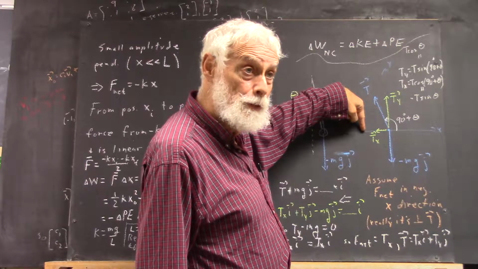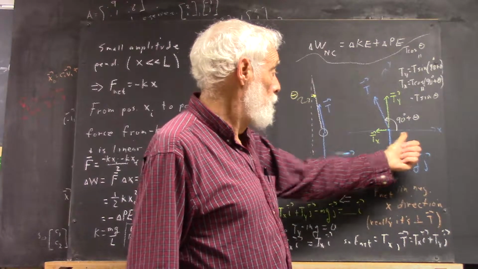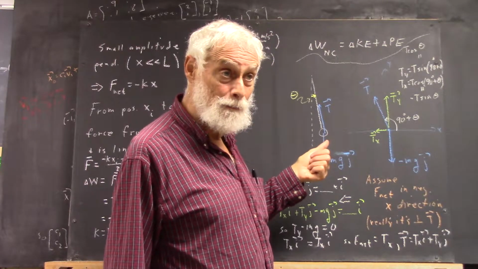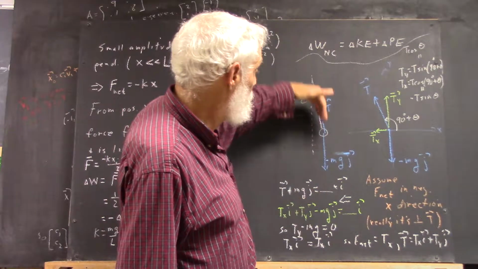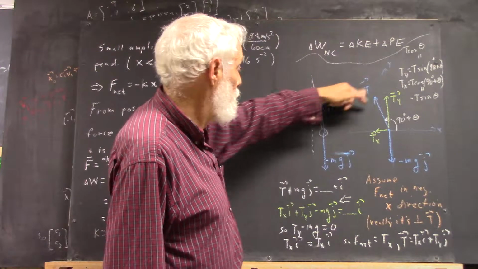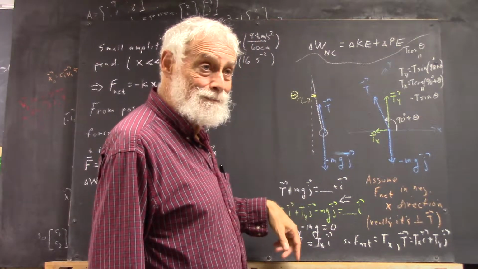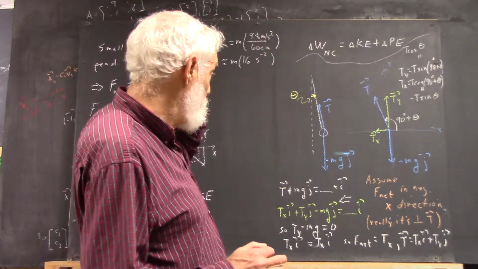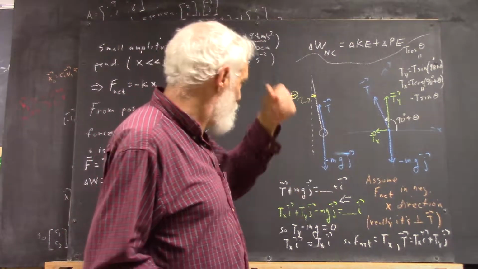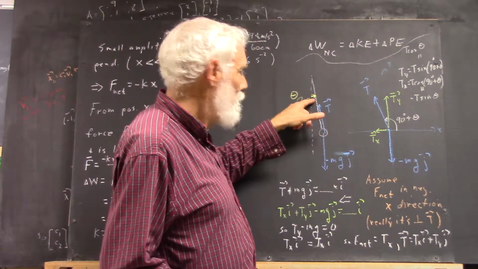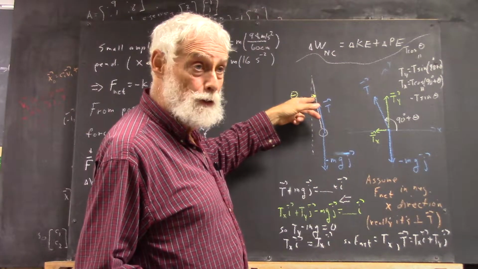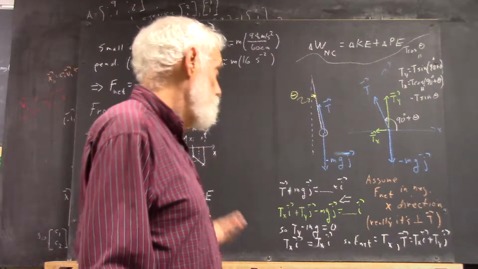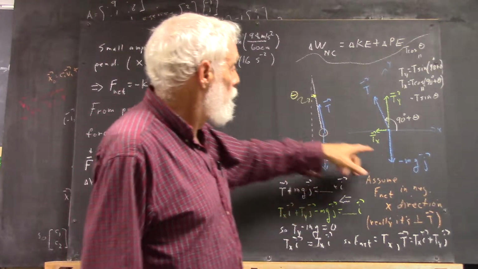And we make the assumption that the pendulum moves in the x direction, which is not really true if x is horizontal, because the pendulum moves perpendicular to the radial line since it's moving in a circle. So we have an inaccuracy here, so our analysis depends on theta being small. Well, anyhow, theta is small, so we can do this.